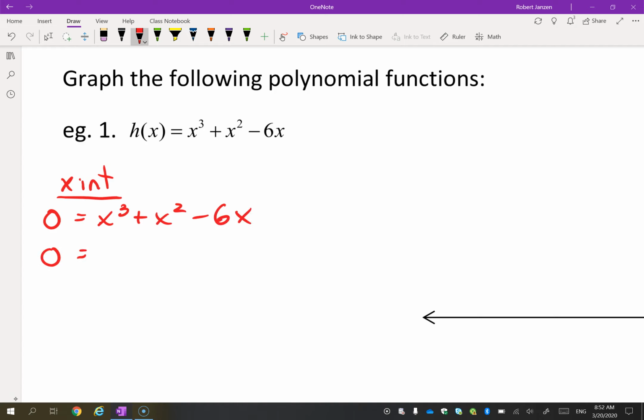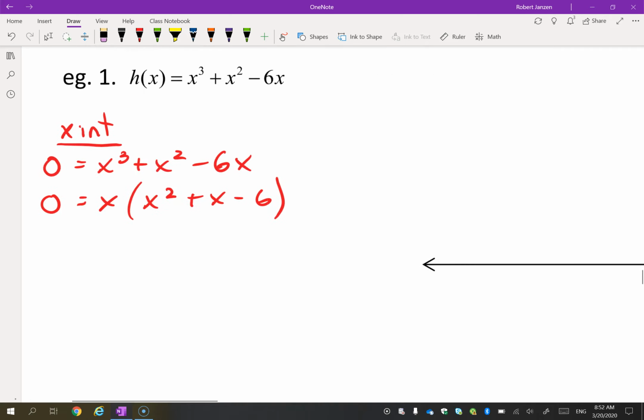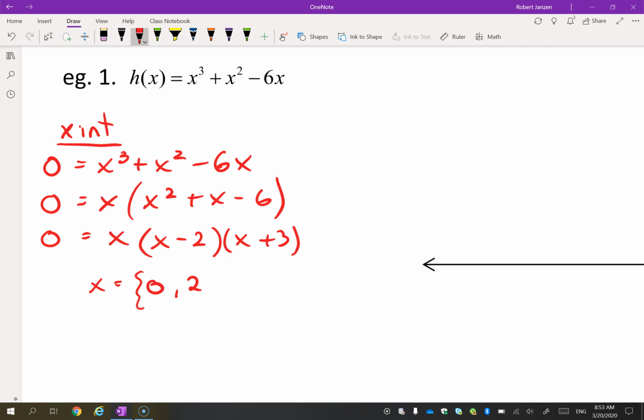And you should be able to see there's a common factor of x. And then, hey, this is kind of nice. I don't have to do any synthetic division, no long division. I can just factor like this. So I'm going to have plus 3 minus 2. So what are my x-intercepts? 0, 2, and -3.